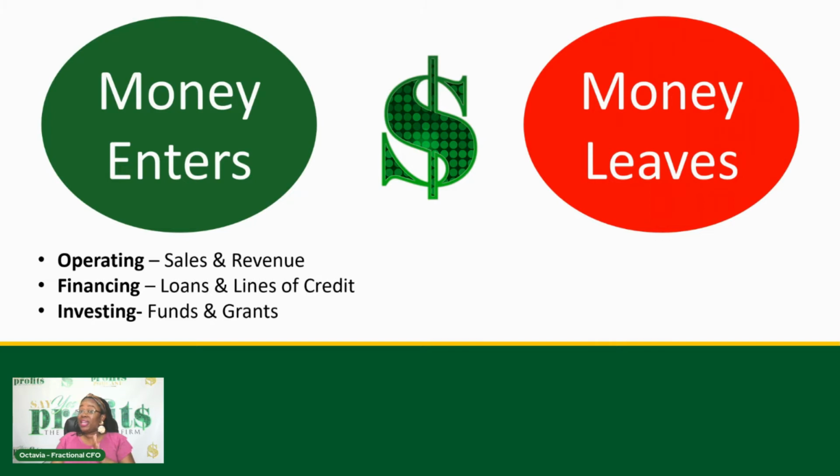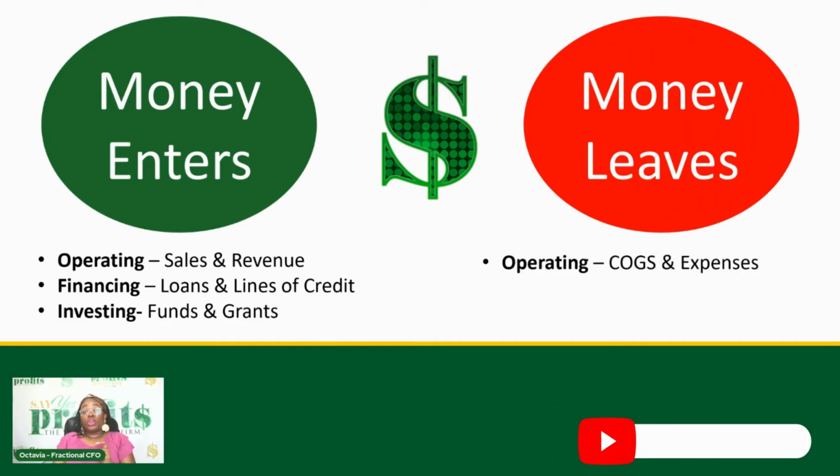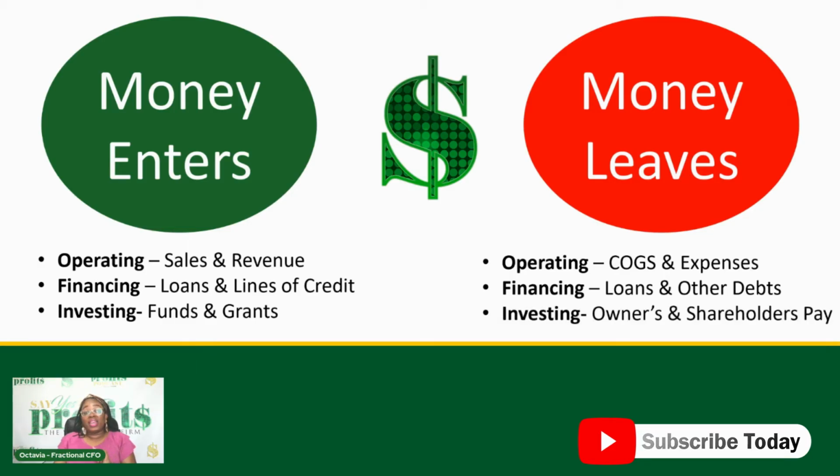Money leaves your business in those exact same categories, but in different subcategories. For example, operating: money leaves with your COGS, your cost of goods and services sold, and your expenses. In financing, money leaves with your loans and your other debts. And then investing: money can leave by your owner's pay. If you are a single-member LLC, then your pay is not going to be on your income statement.